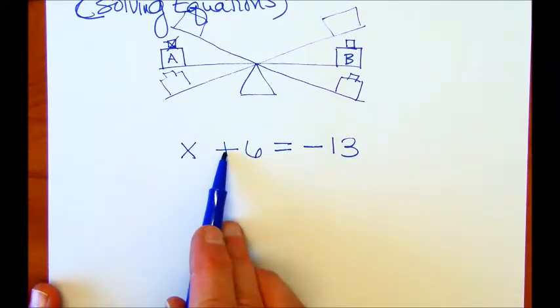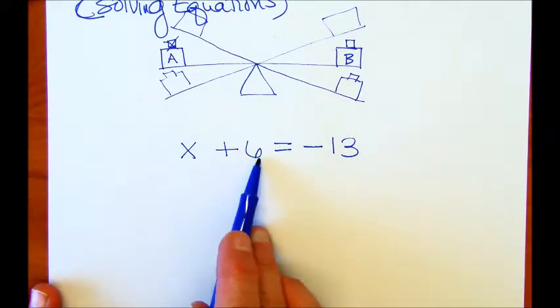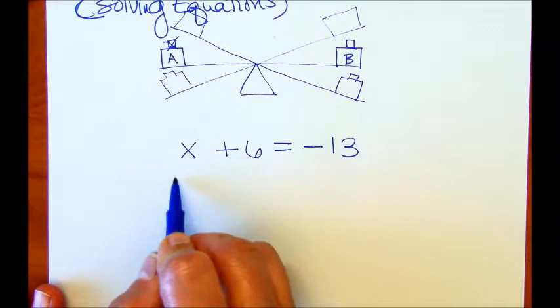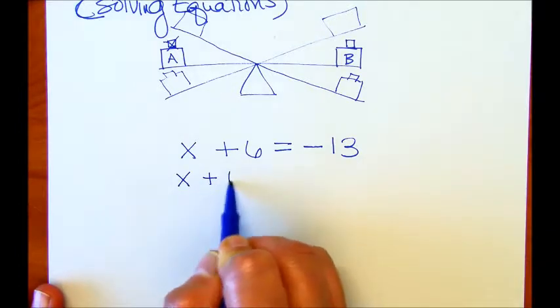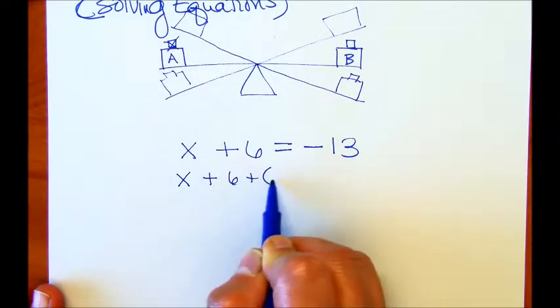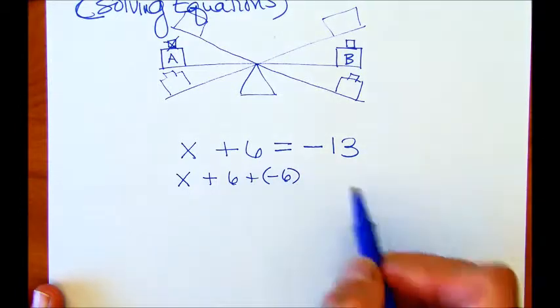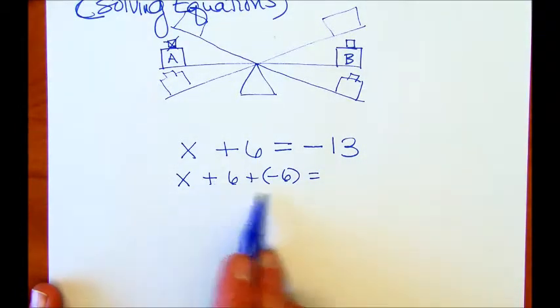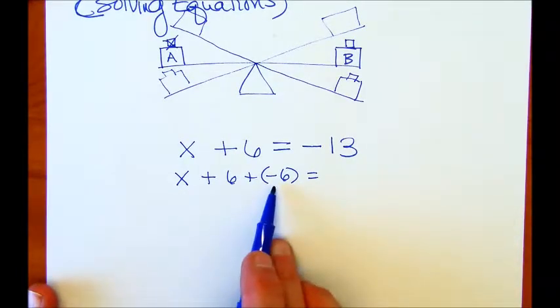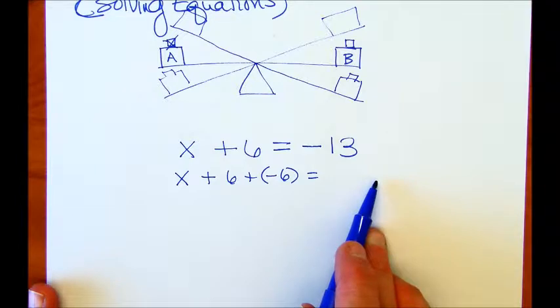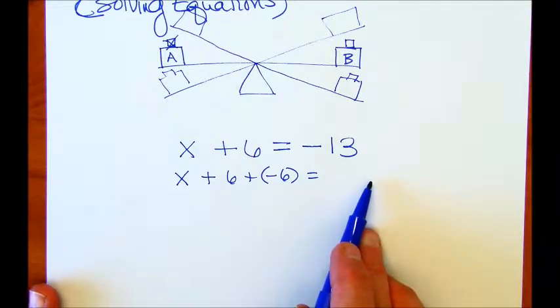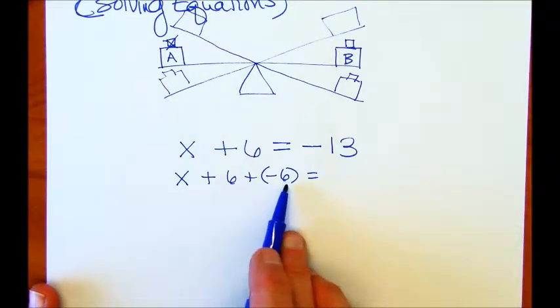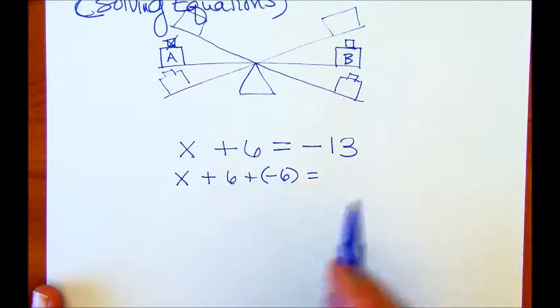So by adding the opposite of a positive 6, I'll rewrite that: x plus 6 plus the opposite of positive 6, which is really a negative 6, then I'm going to get a 0 when I combine these two. Now remember, I want to do the same thing on the other side to keep the balance of the equation.